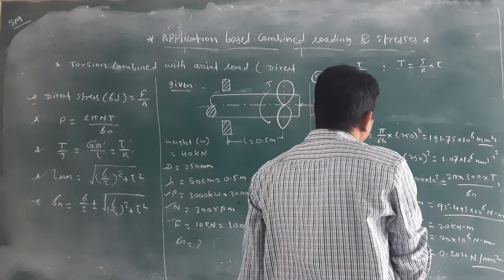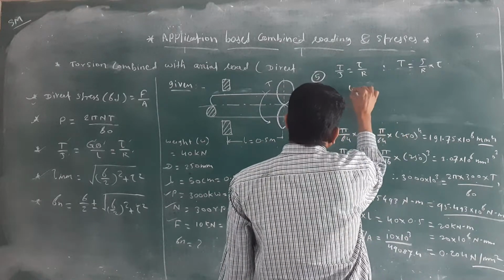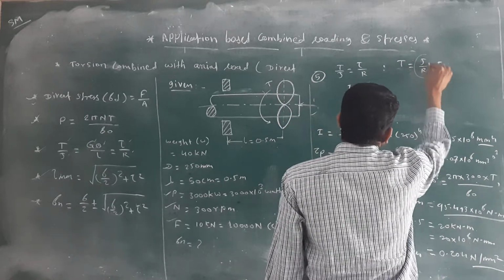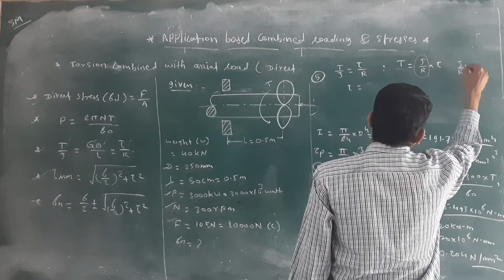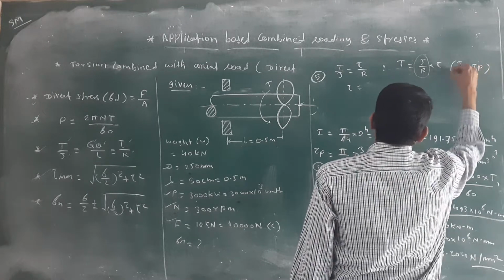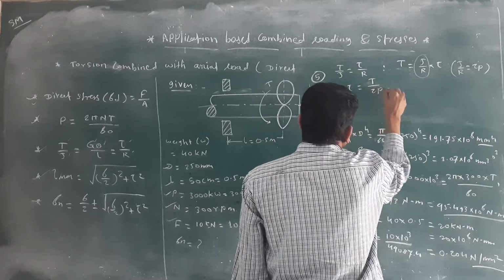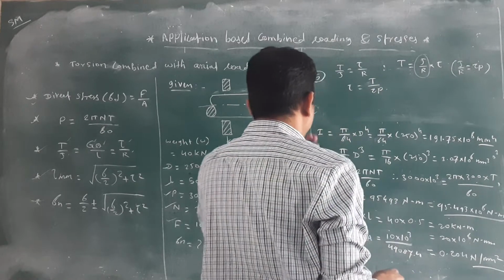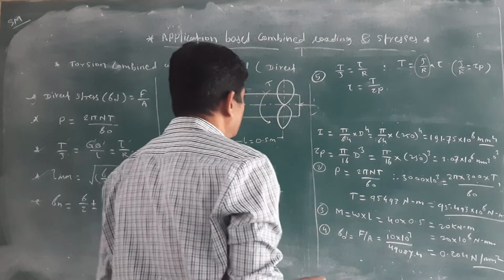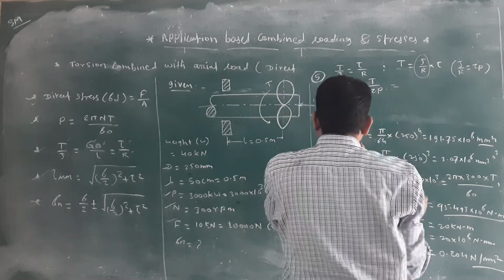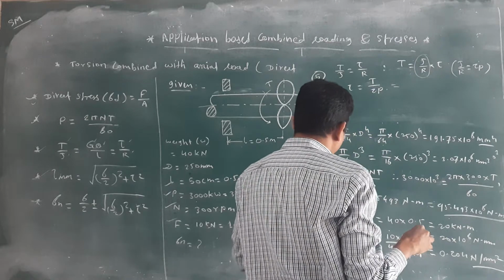So tau is equal to T by ZP, as we have already seen in torsion. Then put the values of T and ZP. Both values we know. What is the value of T?